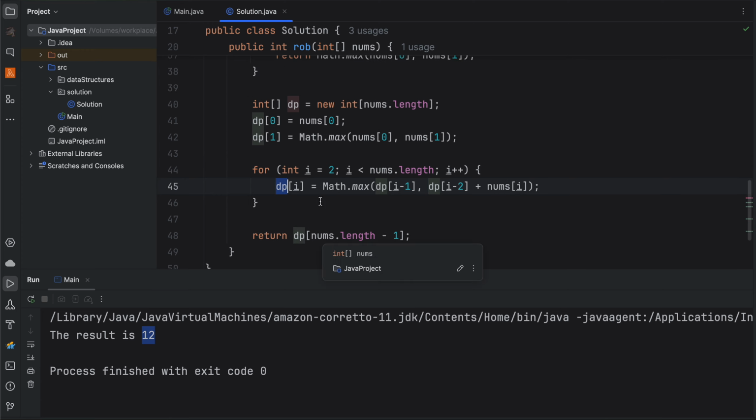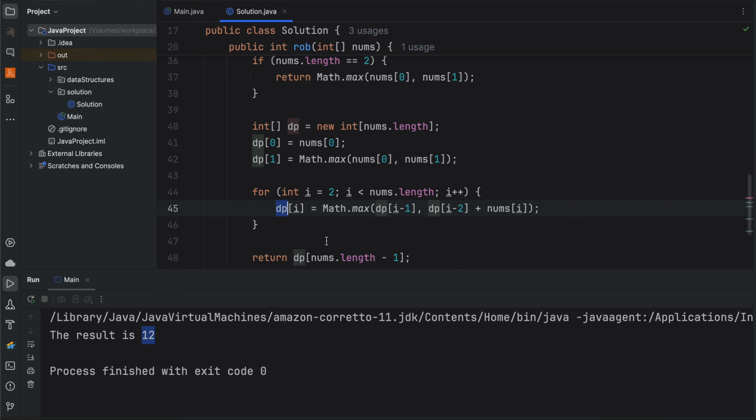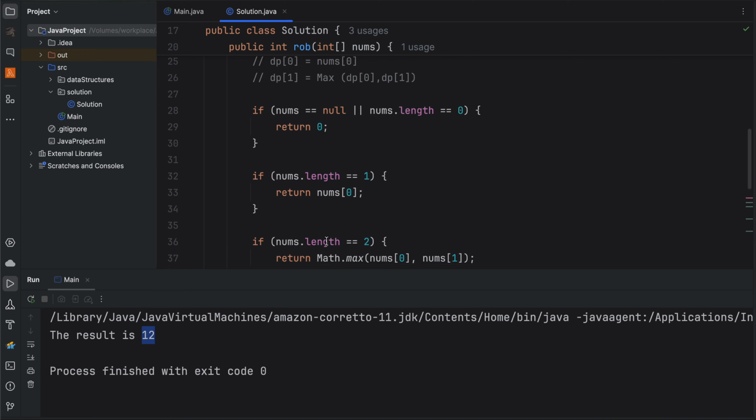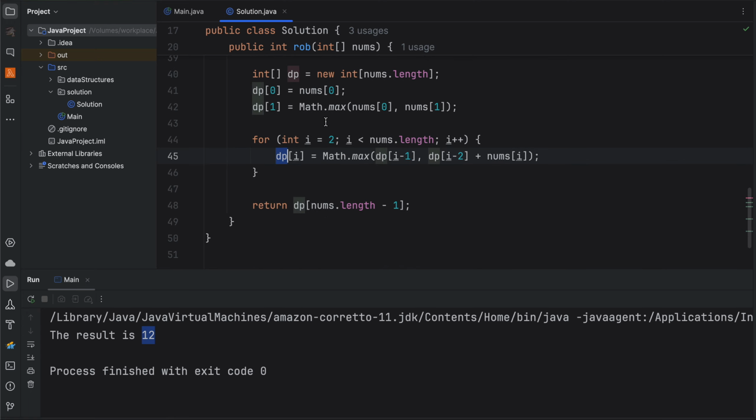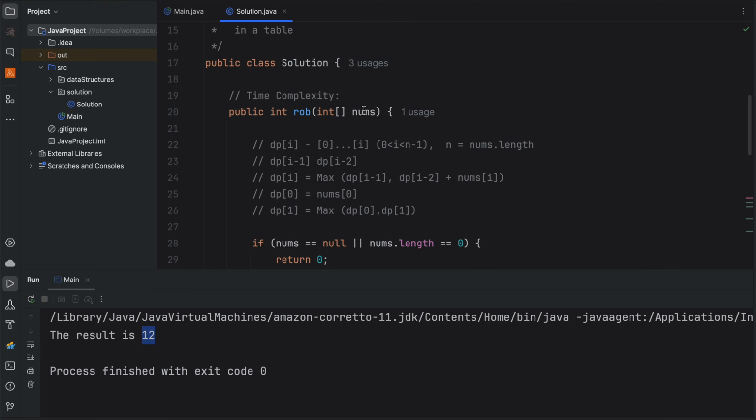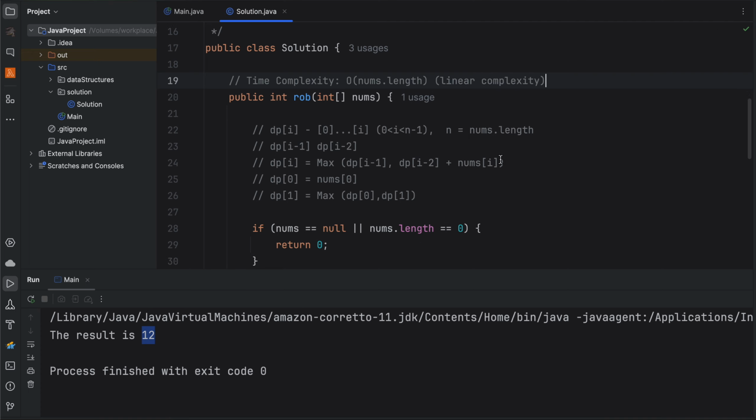So overall here we have linear time complexity. So the time complexity of this problem is driven mainly by the length of this array nums. So it would be big O of n or nums.length. So we can say that this problem has linear time complexity.